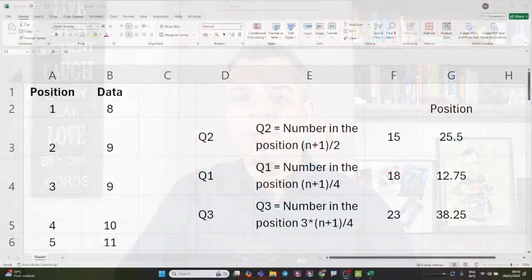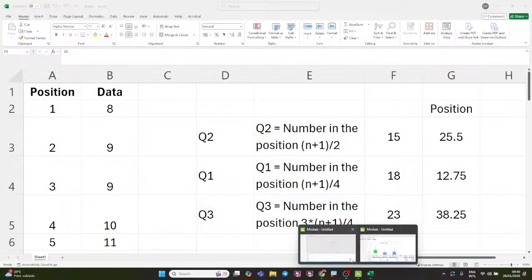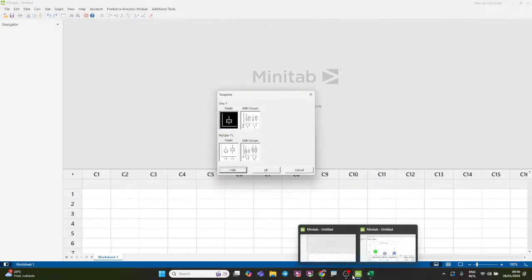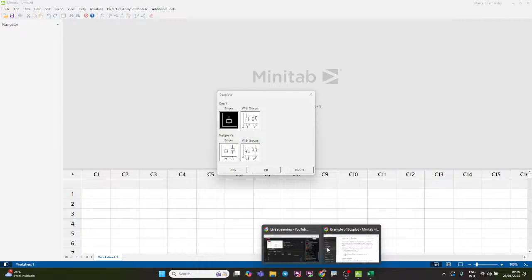And guys, if you are taking notes of these formulas, that's okay, but remember that in Minitab help you will find all these formulas.